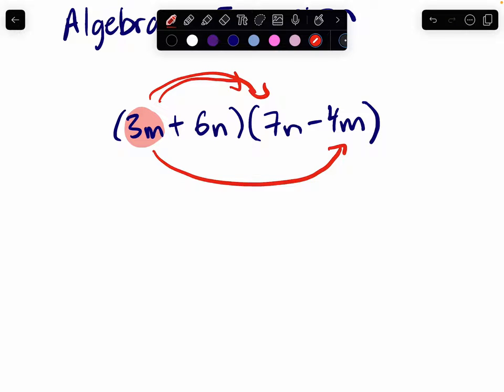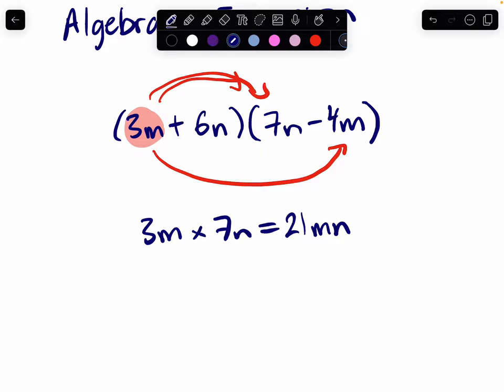So we've got 3m, I'll go back to blue. 3m times 7n equals 21, because we multiply these 3 and 7, and then we multiply the m and the n.